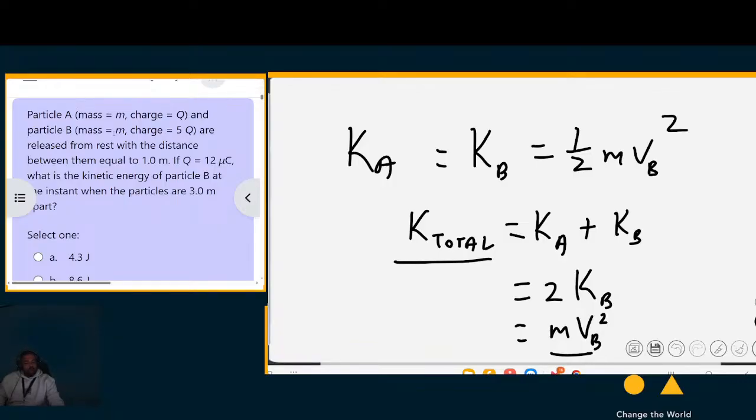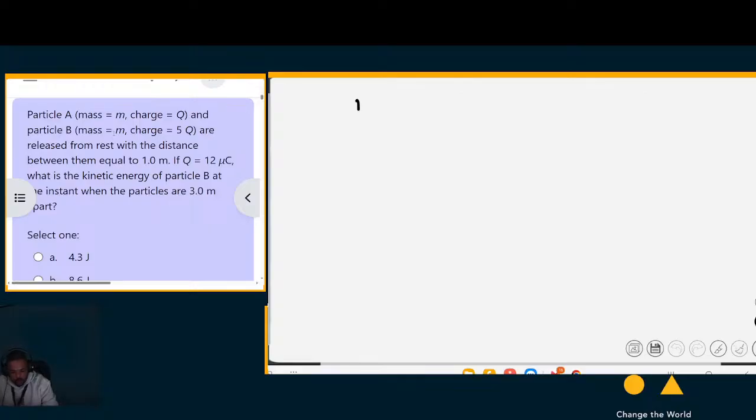Now we need to calculate the potential energy.